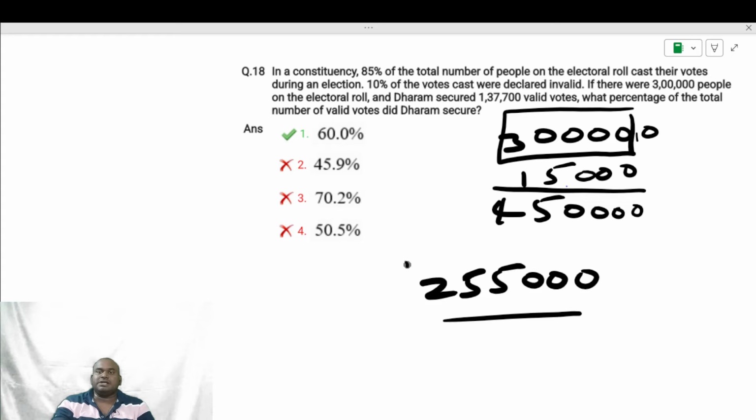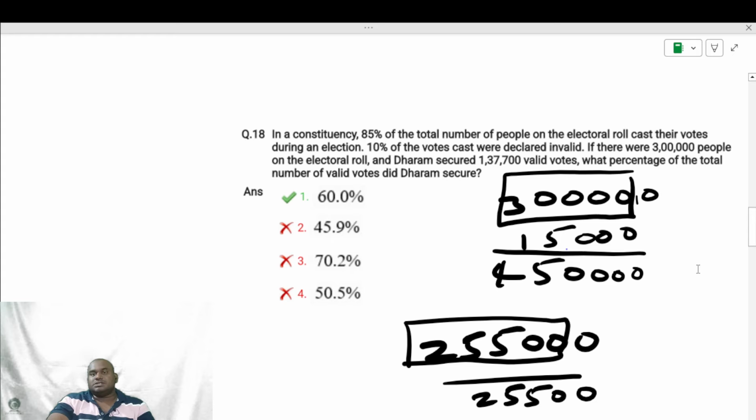So I'll remove this 25,500. 14 minus 5, 9. So 2 lakhs 19,500 valid votes from this. What percentage of the total number of valid votes did Dharam secure? That is the question. You understood, right?